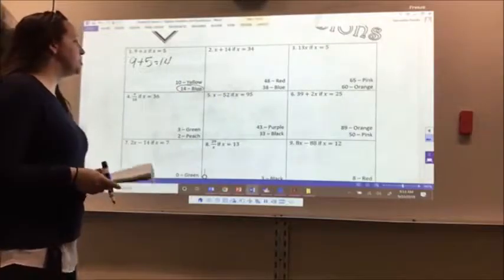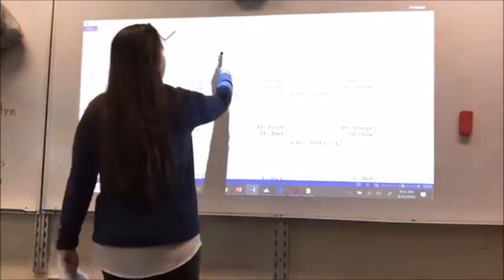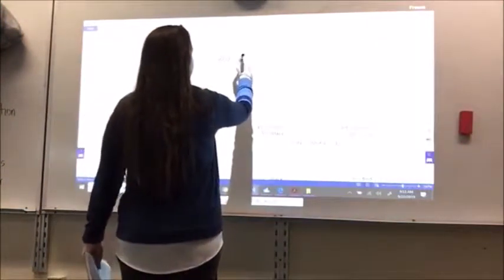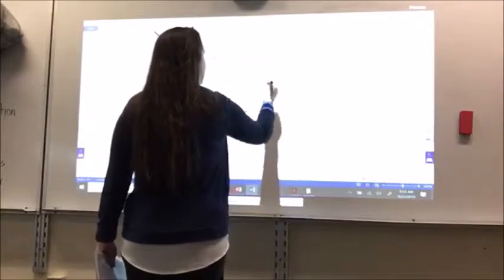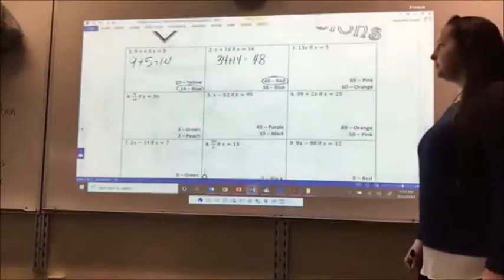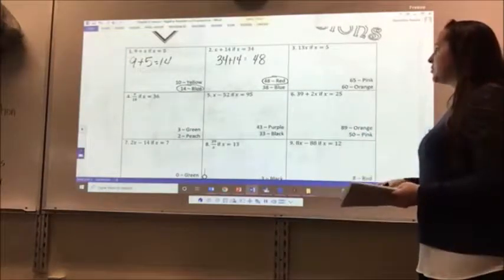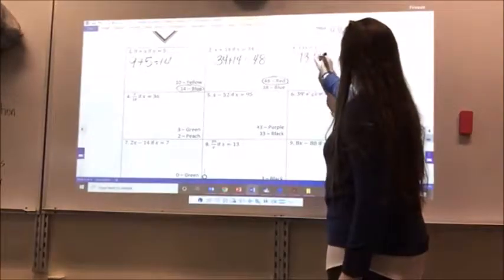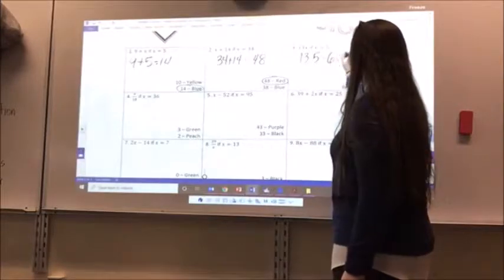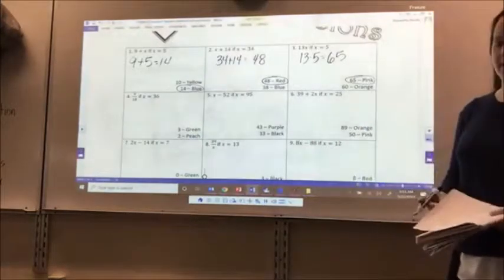Number 2, x plus 14 if x equals 34. That means it's 34 plus 14, which is 48, which means I color anything with a 2 red. Number 3, 13x if x equals 5. So this is 13 times 5 equals 65. So I'm going to color anything with a 3 pink.